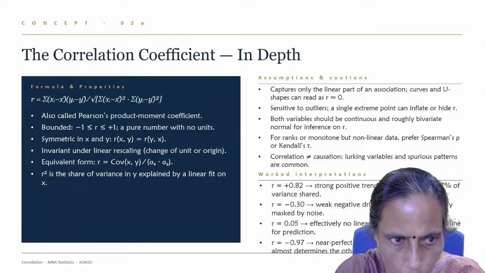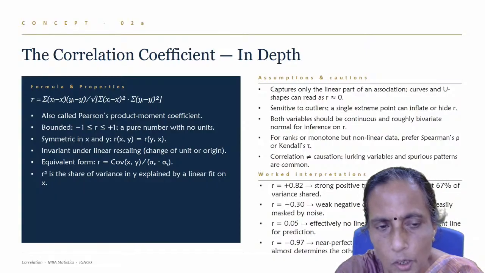So the correlation coefficient formula is a summation. It is also called Pearson's product moment coefficient.